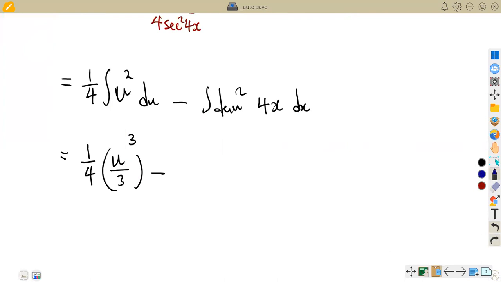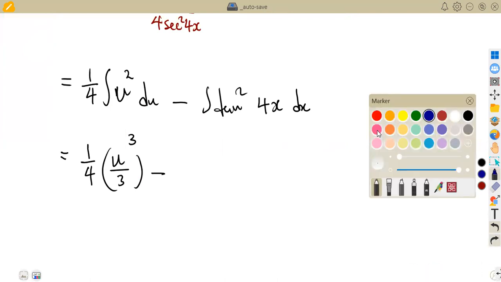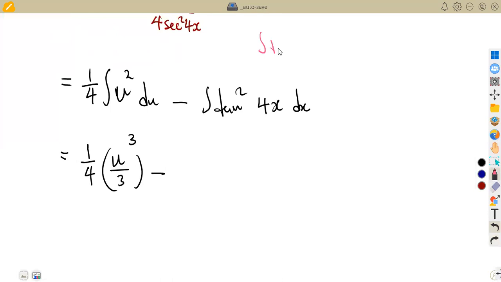So we saw that the integral of tan squared ax with respect to x, the most important thing is the ax here, and this is tan squared like that, it is going to give us 1 over a tan ax minus x plus c.